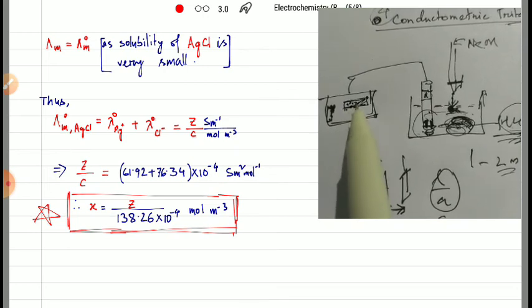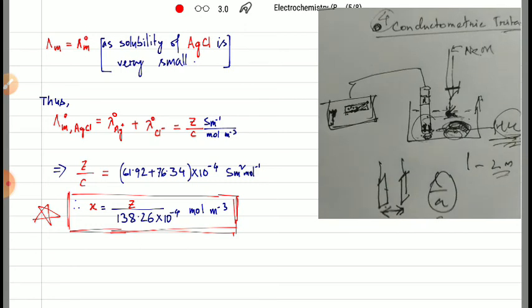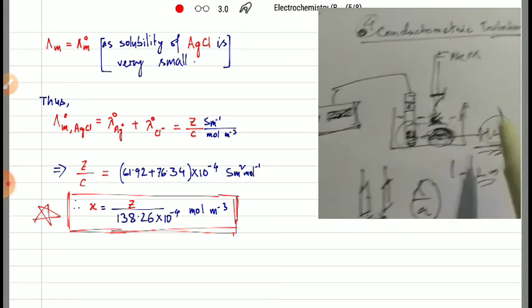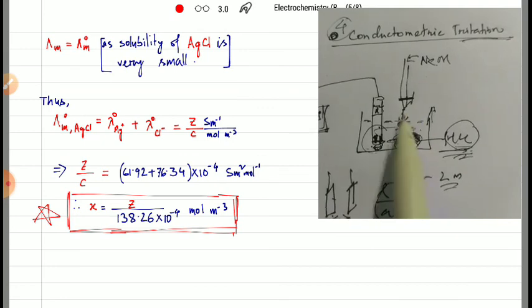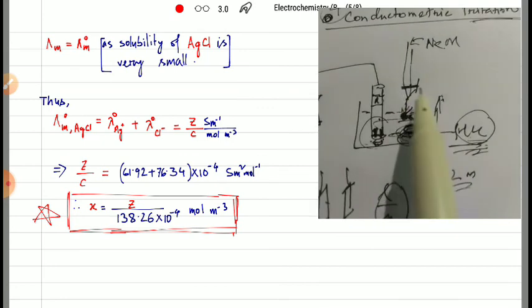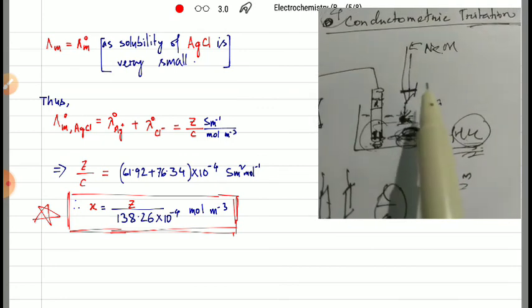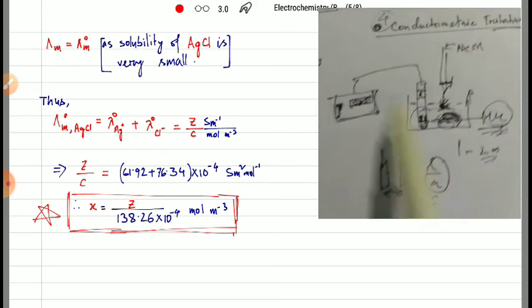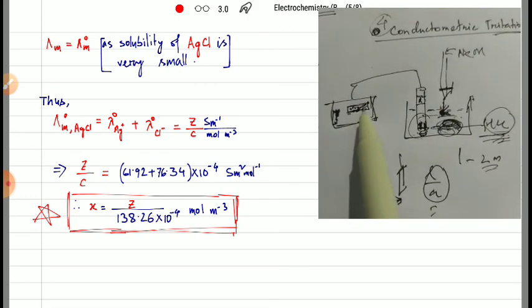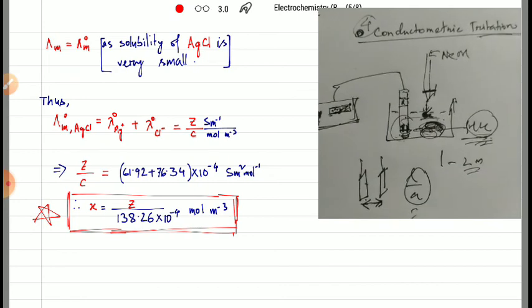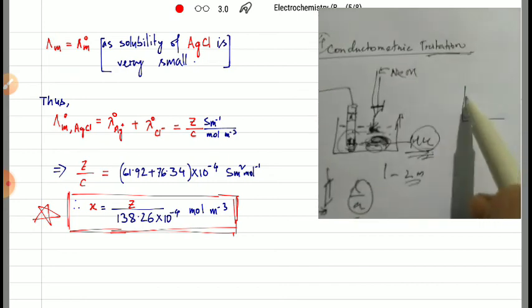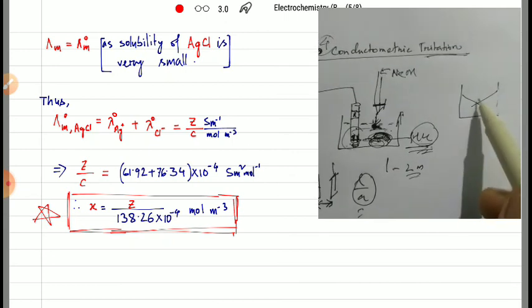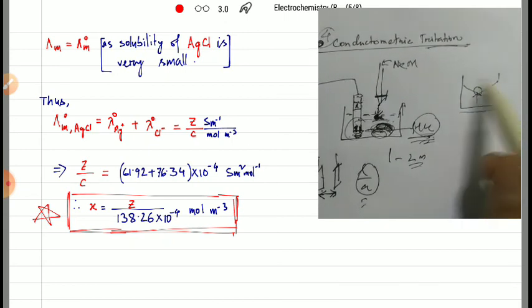So we have to record that value, and after adding each drop of sodium hydroxide, we have to take the readings from this display and plot a graph. So we're going to get some graph like this, and we're going to discuss this graph.